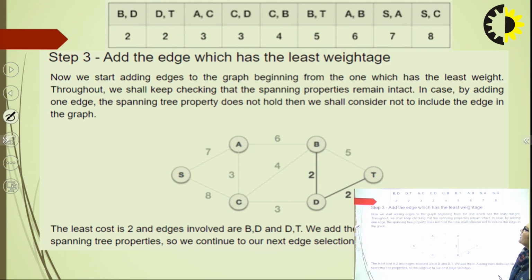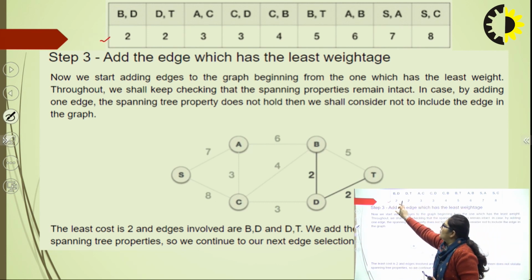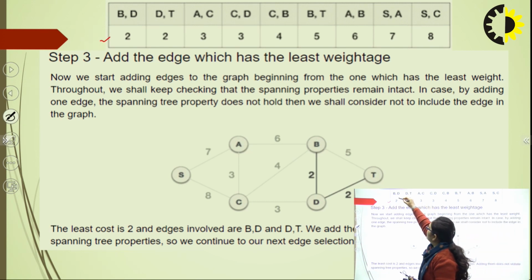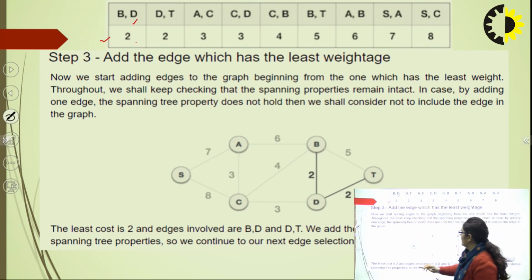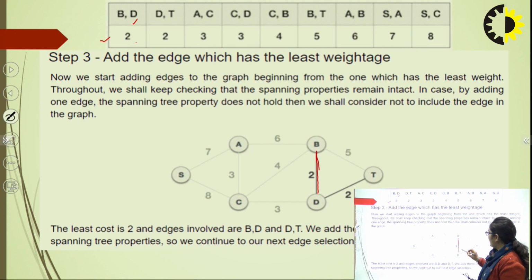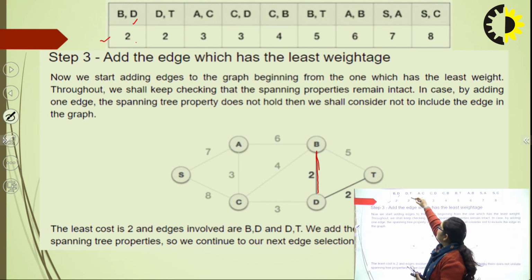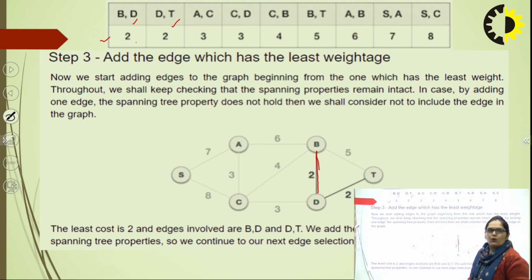Now in step 3 we have to pick the minimum cost edge from this edge list and include that edge in the graph. Here the minimum cost edge is BD, so we will include this edge BD in our graph. Then after BD we have the edge DT, which has minimum cost, that is 2.